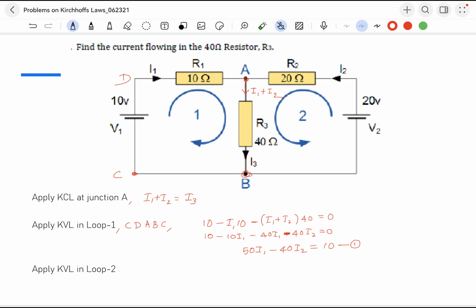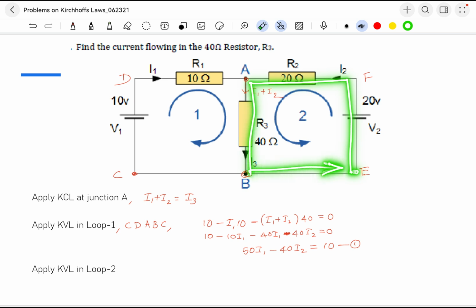Next let's move on to the loop 2. In the loop 2 I am taking this as the starting point. Let's mark it E, and let's take this one as F. So I want to solve from here. So E to F, then F to A, then A to B, then like this.